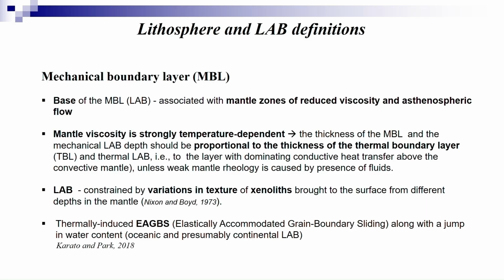Therefore, the thickness of the mechanical boundary layer and the mechanical LAB depth should be proportional to the thickness of the thermal boundary layer and thermal LAB. Mechanical LAB can be constrained from variations in texture of xenoliths brought to the surface from different depths in the mantle.